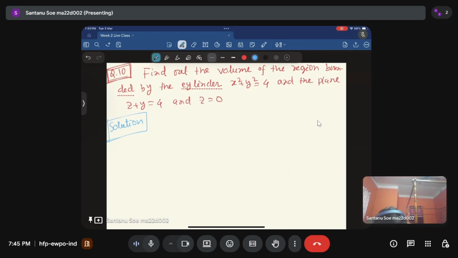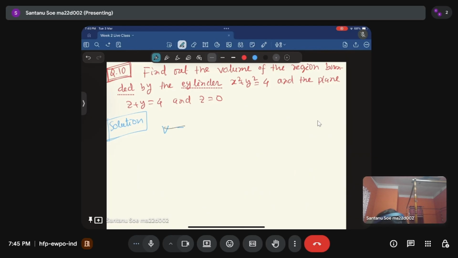So our triple integration is just going to be V equals to z from 0 to 4 minus y, and then y equals to negative square root of 4 minus x square to square root of 4 minus x square, and then x from minus 2 to 2.